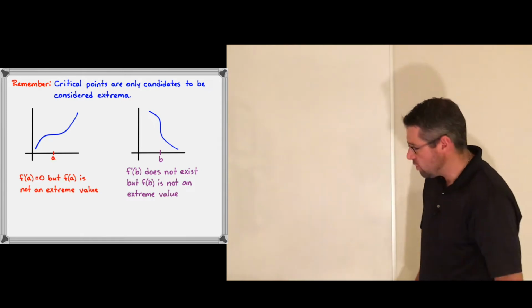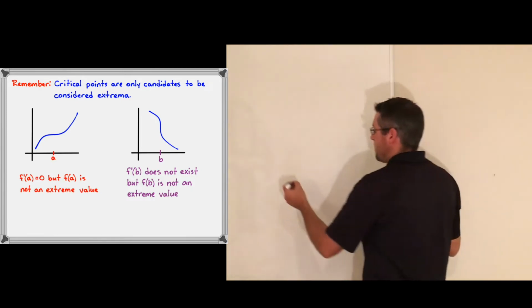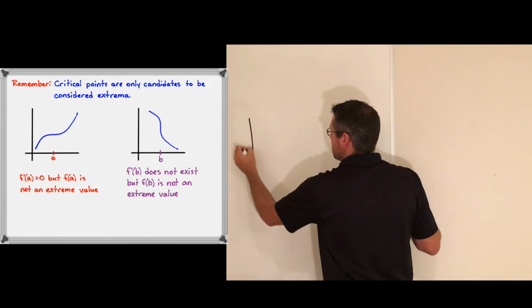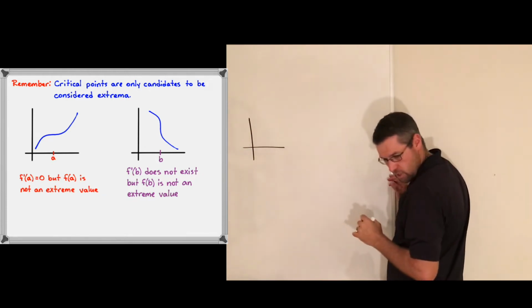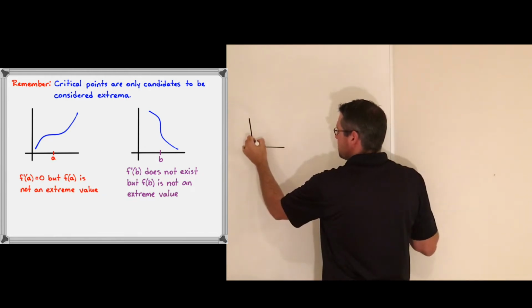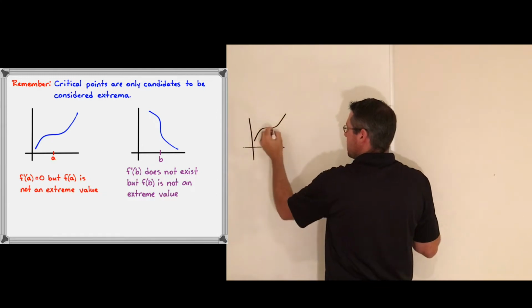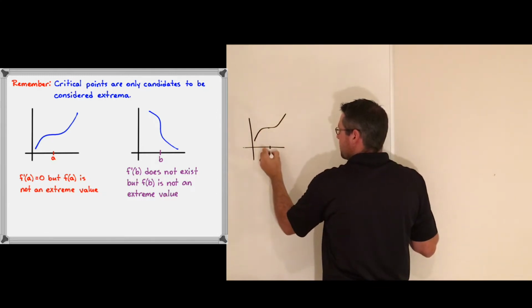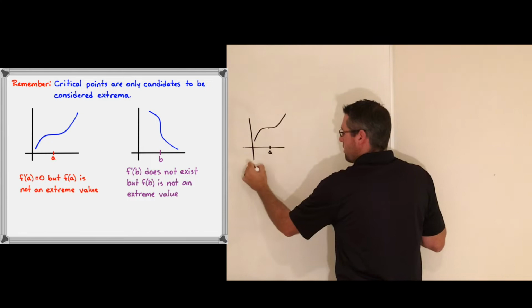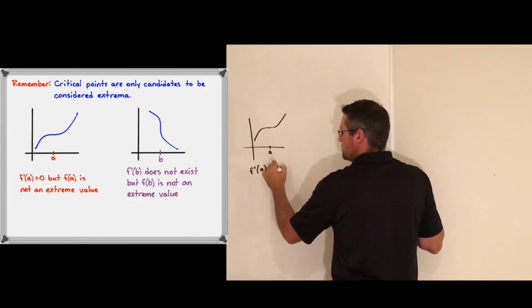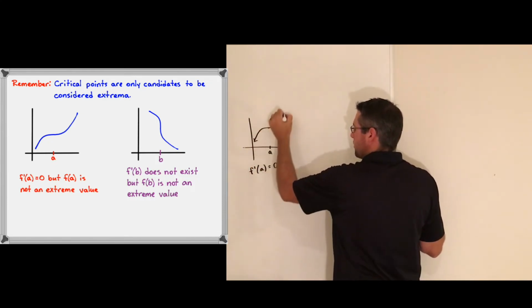So what does that look like? Well, remember last time we talked about number lines. So if I'm looking at the graph of f, the first graph, we have this function that does something like this. And at a, we said that f prime of a is equal to 0 at that point. That is a critical point.